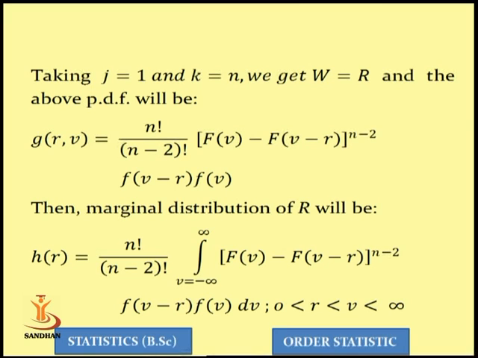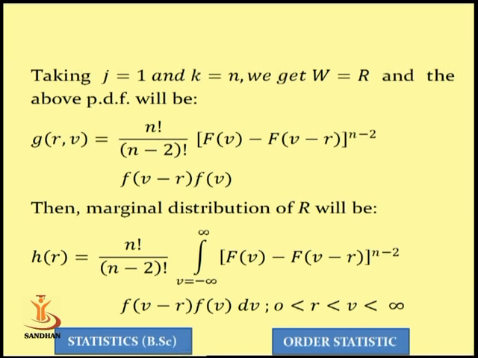But this is a joint density of range and the variable v, and you are interested only in the distribution of range. So from the joint density g of r and v, you can arrive at the marginal density of the range by integrating the joint density g(r, v) with respect to the variable v.